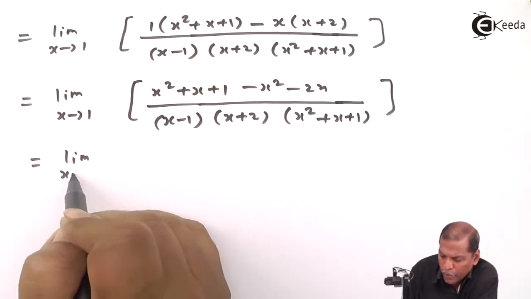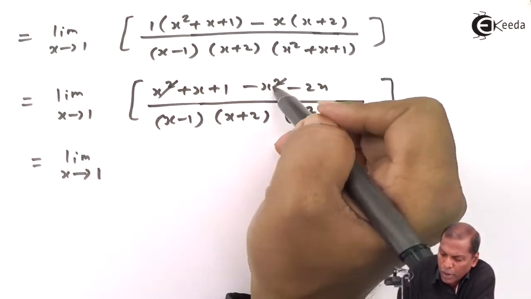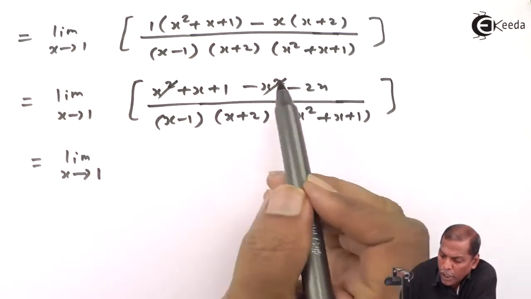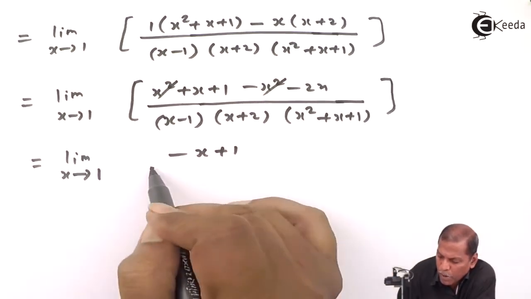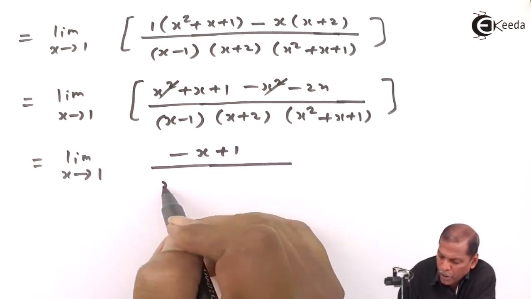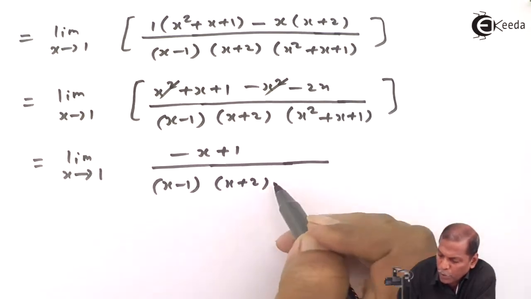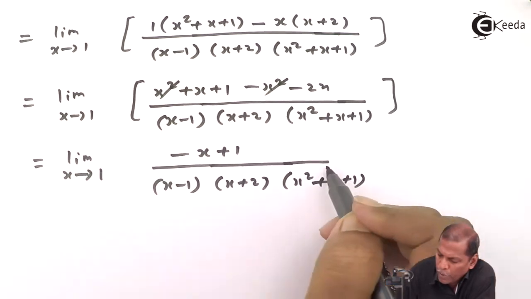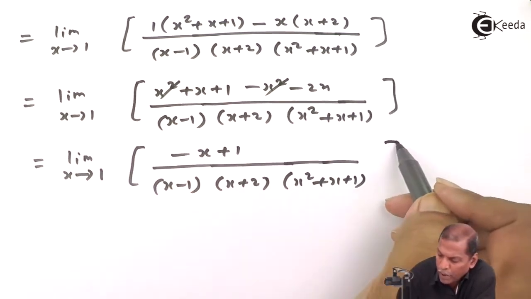The next step is limit x tends to 1. Now we cancel x square with minus x square in the numerator. Then x minus 2x gives us minus x plus 1 in the numerator, and the terms x minus 1, x plus 2 and x square plus x plus 1 we write as they are in the denominator.